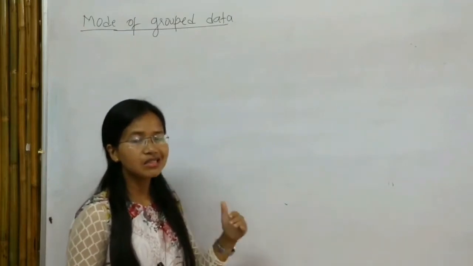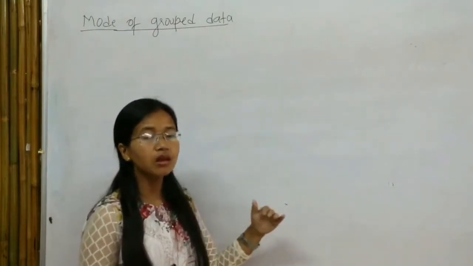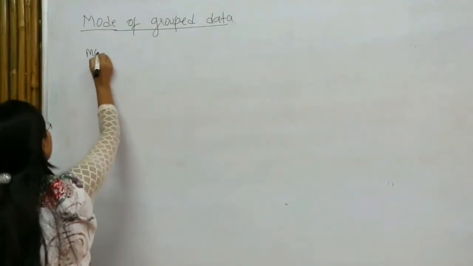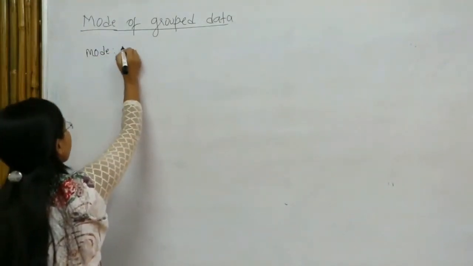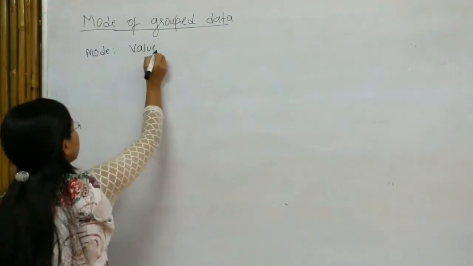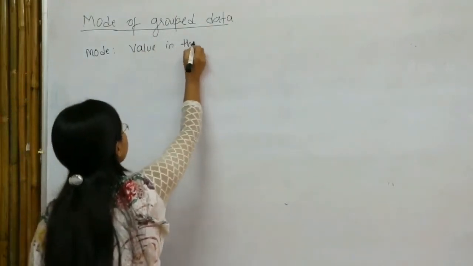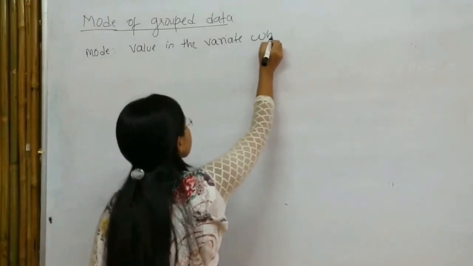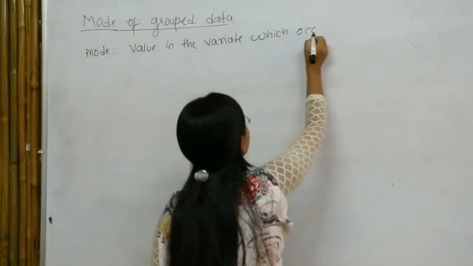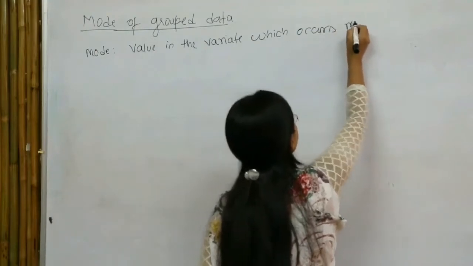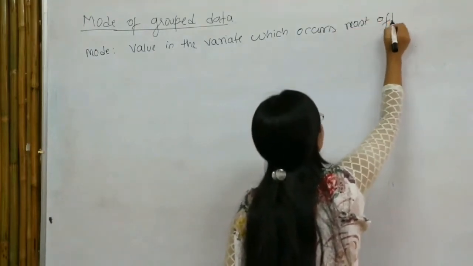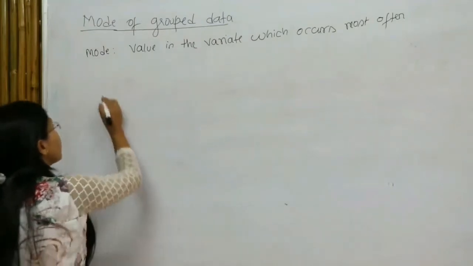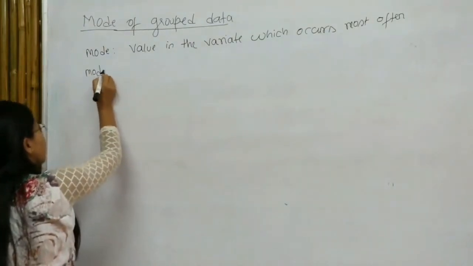It is not easy to find directly what the mode is. First, what is the definition of mode? The definition of mode is the value in the variable which occurs most often. And from there we need to concentrate on the modal class.